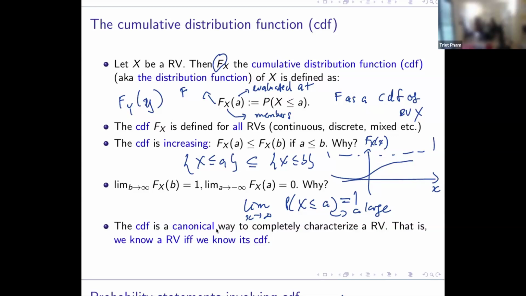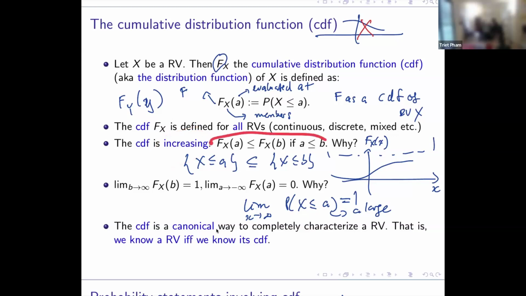It must be between 0 and 1 because it's a probability. It must be increasing, or more precisely non-decreasing, though in some circles increasing means strictly increasing, and then we'll put that word in. Basically, it can be constant, but it cannot go down. It can be constant for a while, but not decreasing.